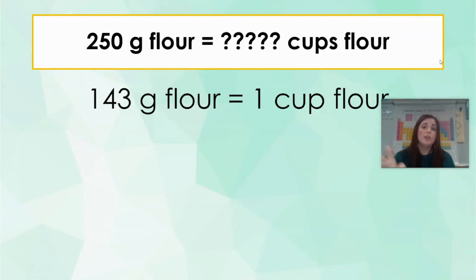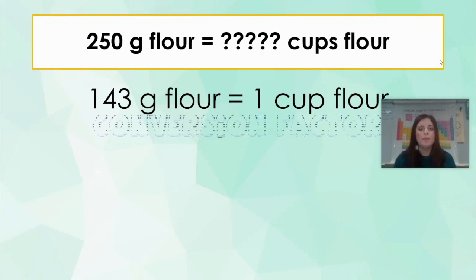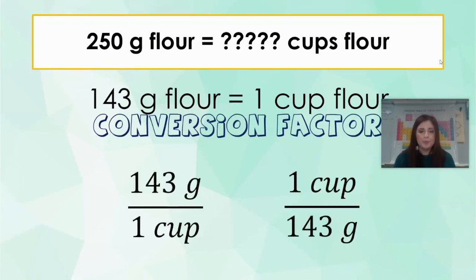So we know that 143 grams of flour is equivalent to 1 cup of flour. That's my conversion factor. So I could write 2 ratios or 2 fractions that represent this conversion factor in the same way. One way is that I could do 143 grams over 1 cup, or I could do 1 cup over 143 grams.